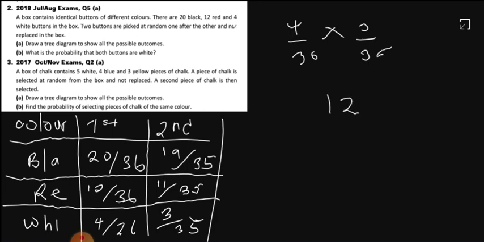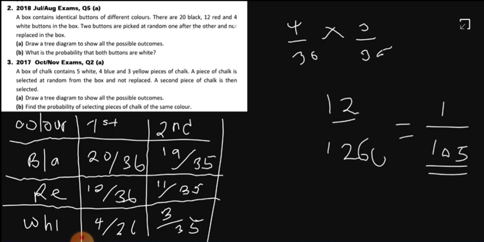That will give us 12 over 36 times 35, which is 1,260. When you reduce it, that is 1 over 105. So the probability of picking two whites is equal to 1 over 105.